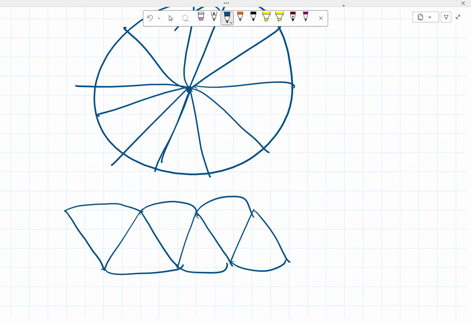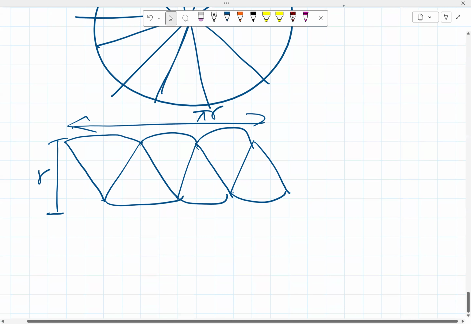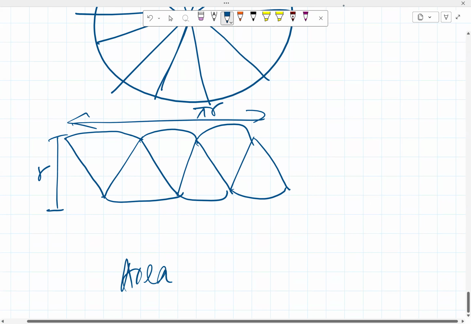Technically you can see that the height will be like the radius, while everything you have here is like a semicircle where you have pi r, so that the area of a circle is pi r squared.